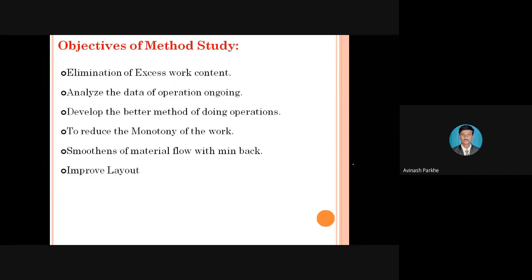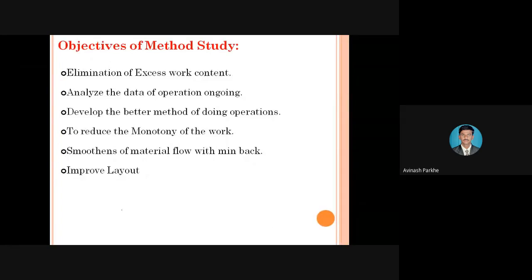But sometimes from workstation number 4, it comes back to workstation number 1. That means the material is moving in the reverse direction. Such unnecessary repetitive or reverse movements can be reduced using the concept of method study. Sometimes repetitive movements are required as per the requirement of the product, but we have to focus on the process through which there is minimum backtracking.